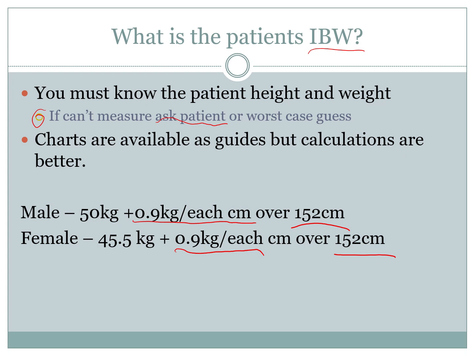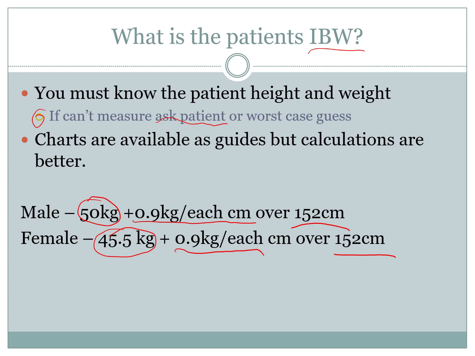The only difference is men have a starting weight of 50 kilos and females have a starting weight of 45.5 kilos. So a male and a female that are both 152 centimeters, the male is only ideally able to be 4.5 kilos heavier than the female, which may come as a bit of a surprise to most of you.